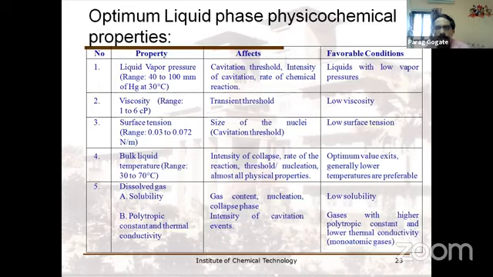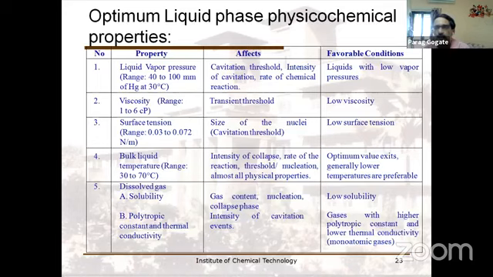If I'm talking about liquid physicochemical properties, typically a liquid with low vapor pressure is going to be useful. Low viscosity definitely is going to be a requirement, because what we have seen is that if I'm using higher viscosity in the operation, then my cavitation is very limited. So I don't want to use maybe high viscosity oils, because my cavitation is going to be limited.